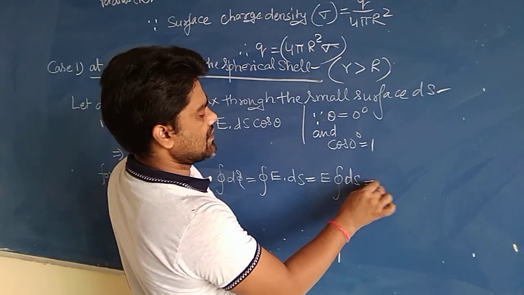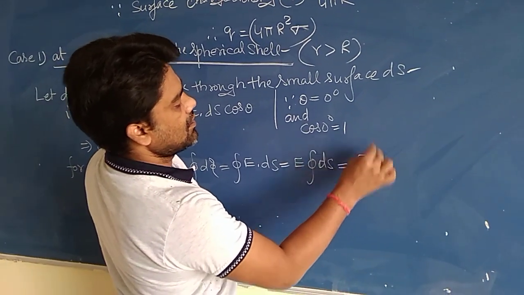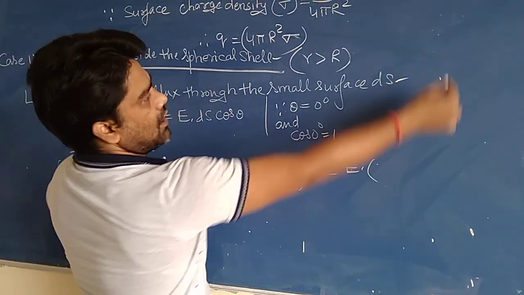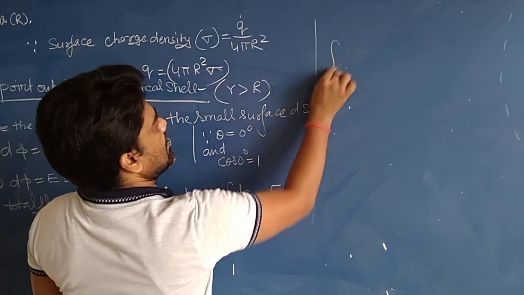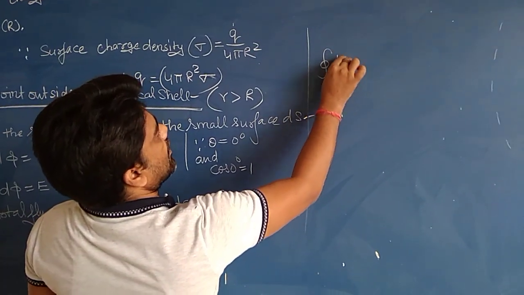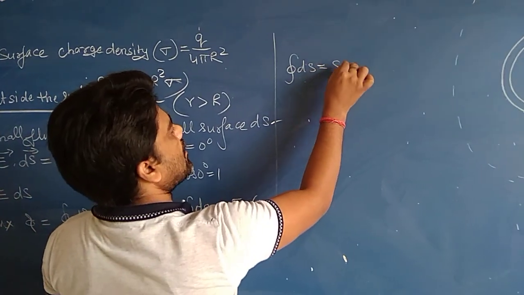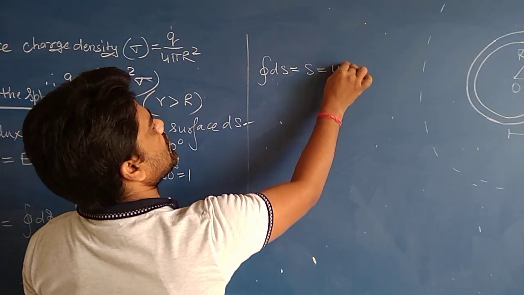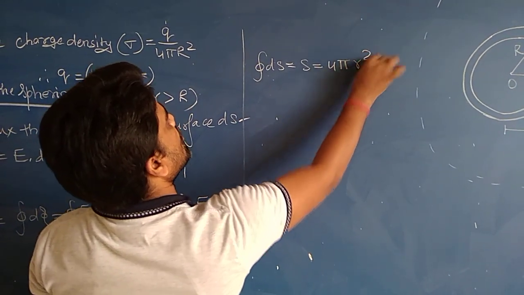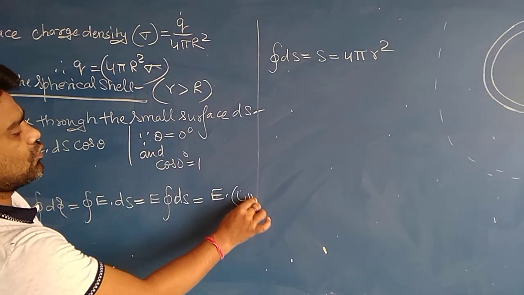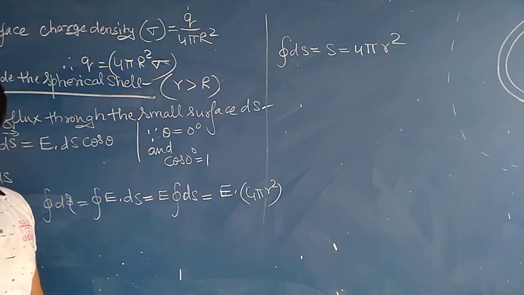Integration of ds gives the surface area, and the surface area of a sphere is 4 pi r square. So we are getting 4 pi r square.